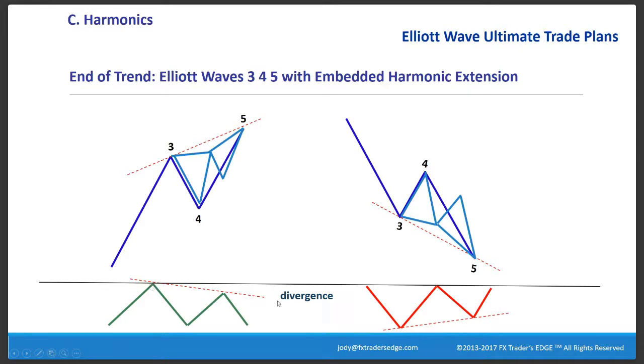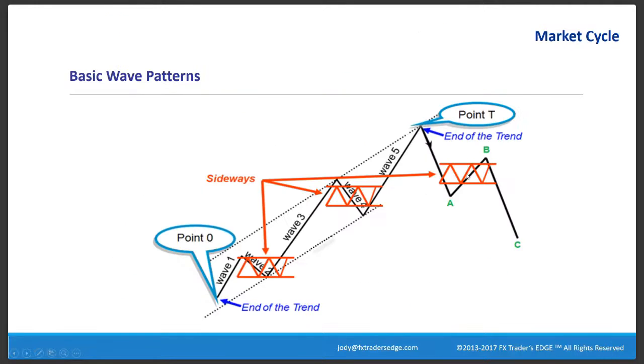We use the awesome oscillator. We look for divergence. So when we combine a harmonic pattern at the end of the move with divergence and a few other confirmations, then we would be more apt to follow the market correction down, which would bring us to this point here.